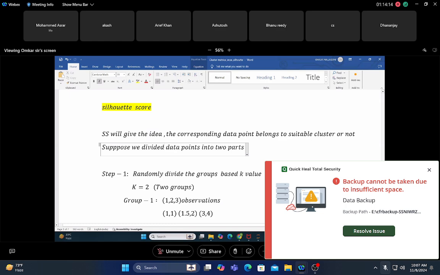So your clustering is already completed. Now you are thinking about whether the data point is well clustered or not.